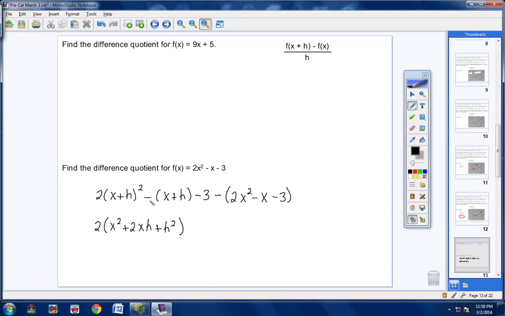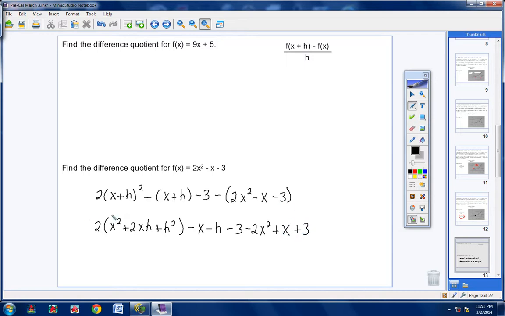Now, next we take our minus sign, we multiply through the parentheses, negative x, negative h. Then bring down your negative 3. And now this negative sign would change all of the signs inside of this parentheses. So your 2x squared becomes a negative 2x squared. Your negative x becomes a positive x, and your negative 3 becomes a positive 3.